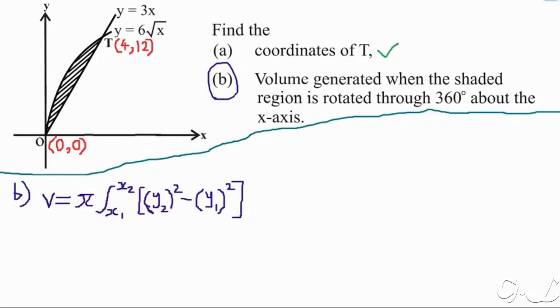So through the help of question 9A, you found the coordinates of O and T. The coordinates of O were 0, 0, and the coordinates of T were 4, 12.